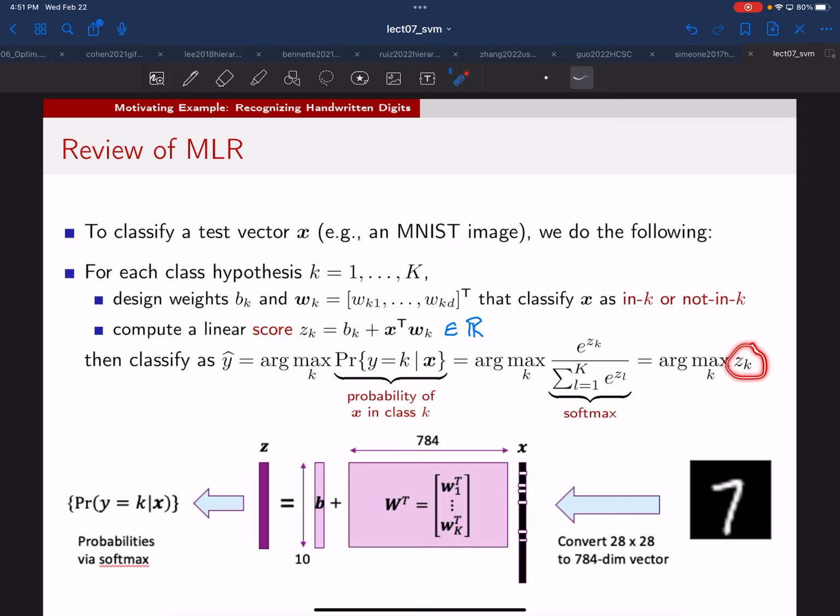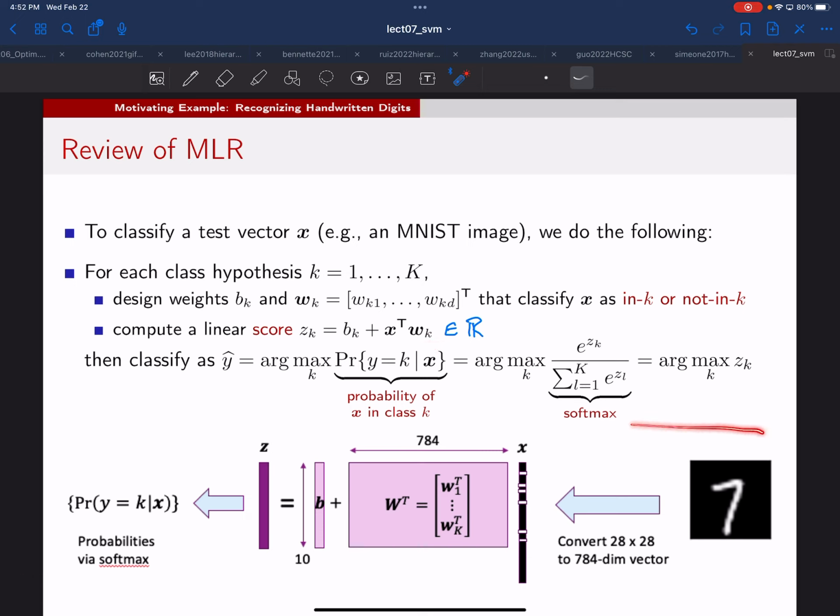That's really all we need at the end of the day. This whole softmax thing was very important when you train the weight and bias. But once you're done training, you don't have to use the softmax for classification. You just compute your scores, all capital K of them, and you just look for the largest one. And that's the one which you believe is the most probable for that X.